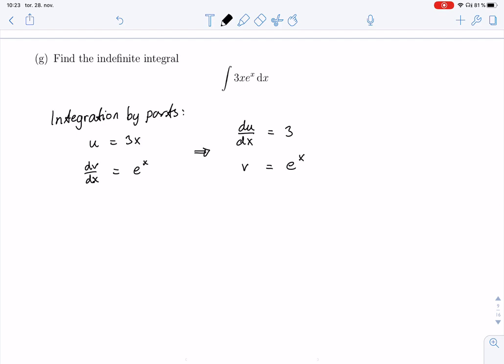So now I have the integral of 3x e^x dx, which is now u times dv/dx, because this u is 3x and this one is e^x. So that will become u times v minus the integral of du/dx times v dx. So that's my formula.